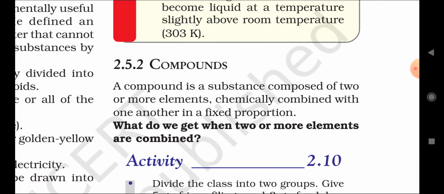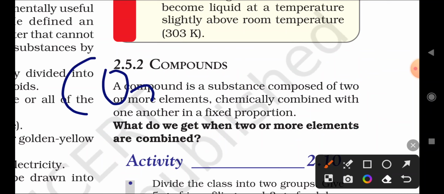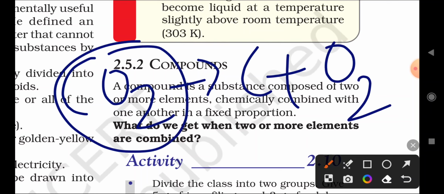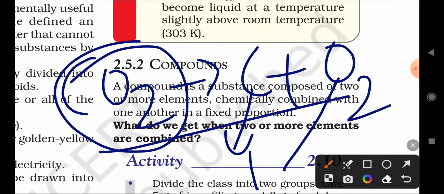We can give several examples again. Carbon dioxide, CO2: one carbon plus two oxygen combine to give carbon dioxide. Carbon is always one, oxygen is always two. So this is a fixed proportion.